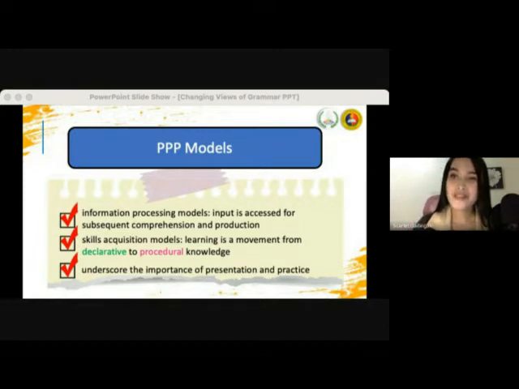Remember that this is still under grammar-based approach. When you say declarative, it is your explicit knowledge about the system or about the rules. Basically, what are the descriptions of language?